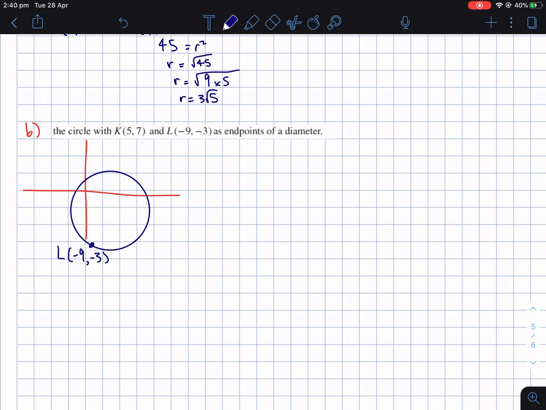Obviously, I've not drawn this to scale. And the point 5, 7 is on it. And that these points are on the diameter, which means the midpoint of these points is the center.